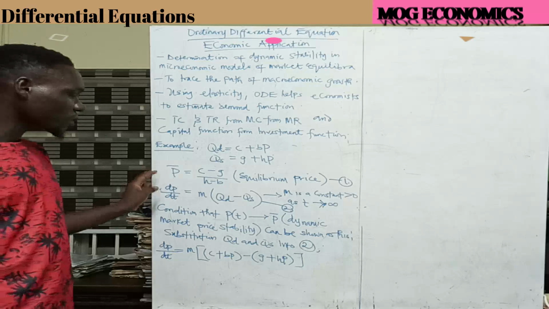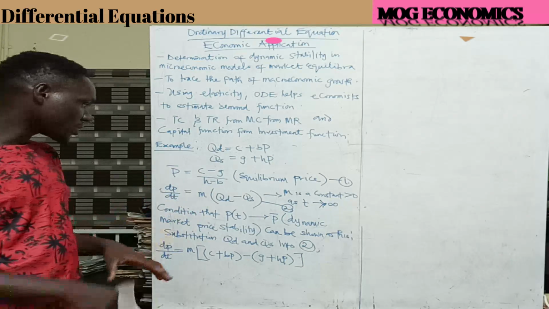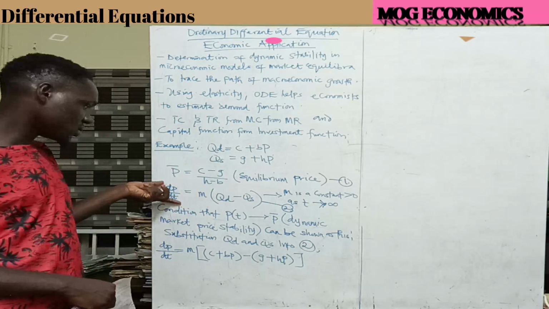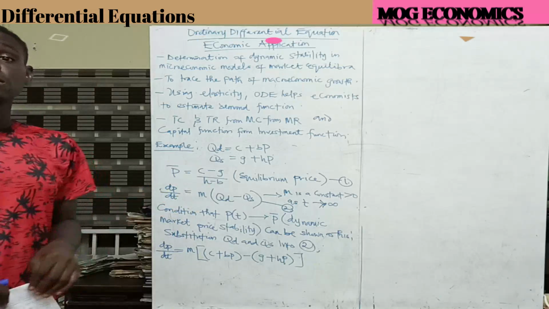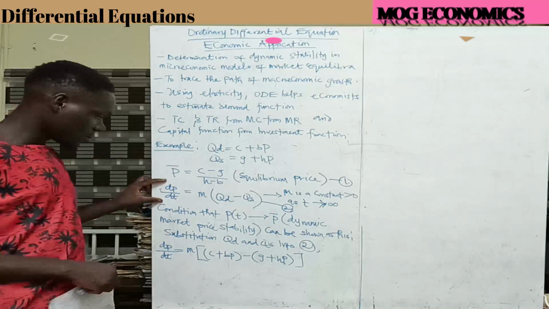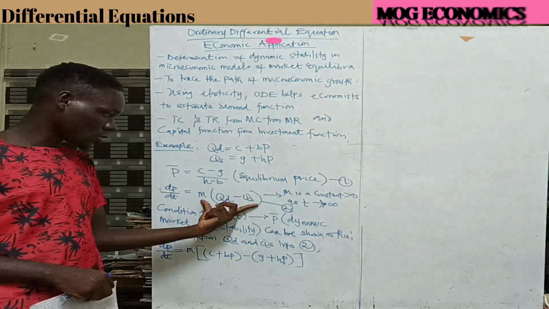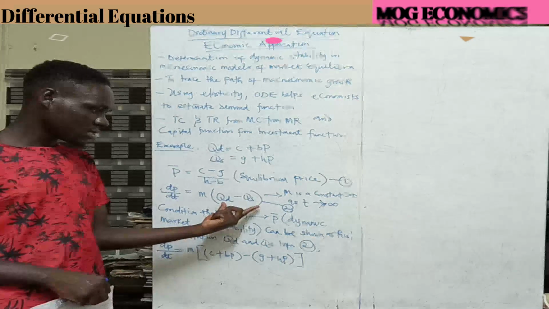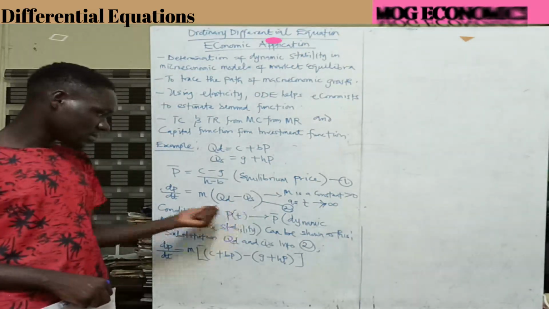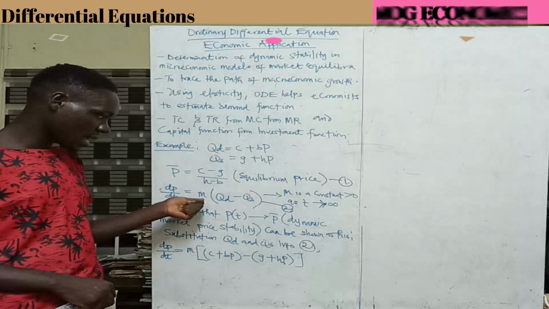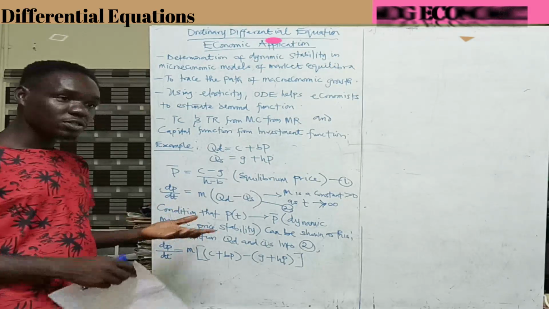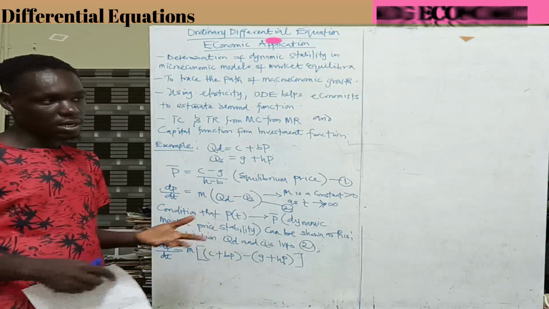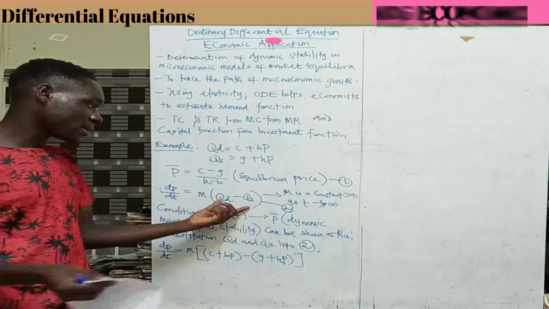Now here we're assuming that this, which is the rate of change in price with time, is a function of this. This is excess demand. This function is a measure of the excess of demand over supply.